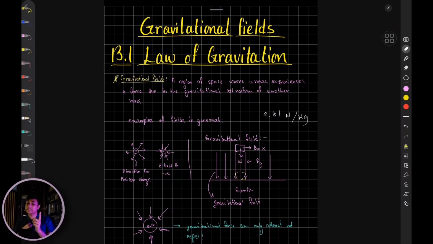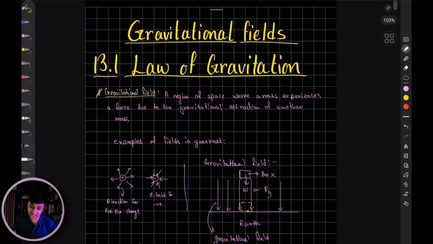And we're going to see that objects with different mass have different gravitational fields, exerting different amounts of gravity. Mars is going to have a different gravity, and the Moon is going to have a different amount of gravity, because their gravitational field strength is going to vary. So to understand that, we're first going to understand what a gravitational field is.